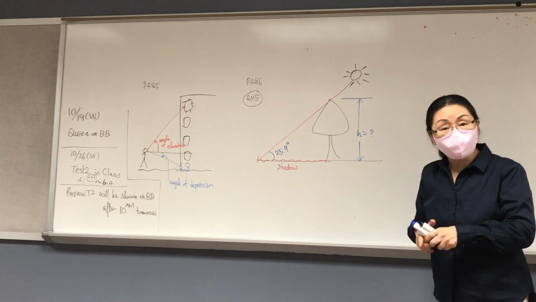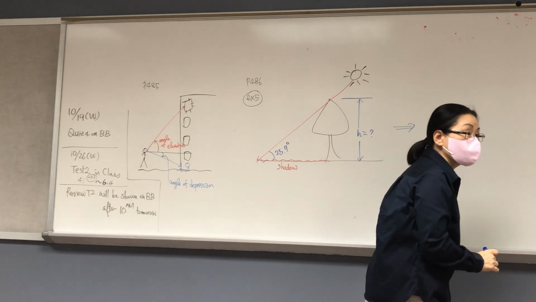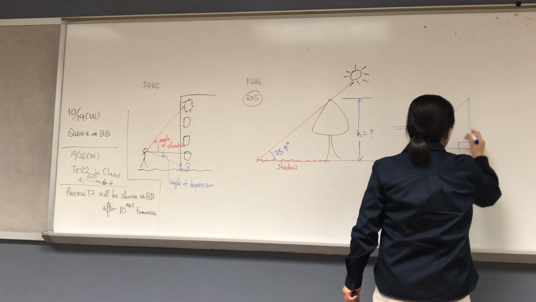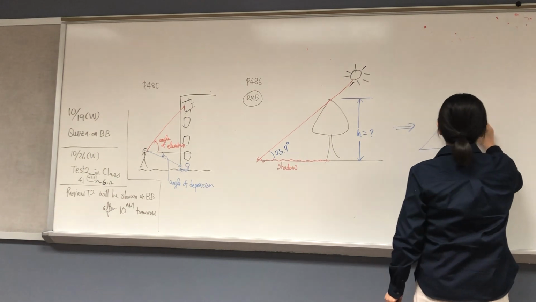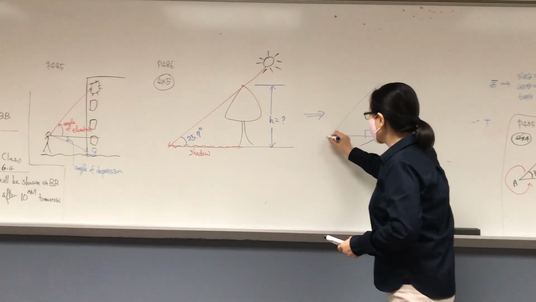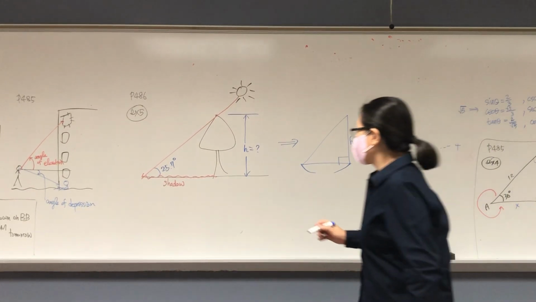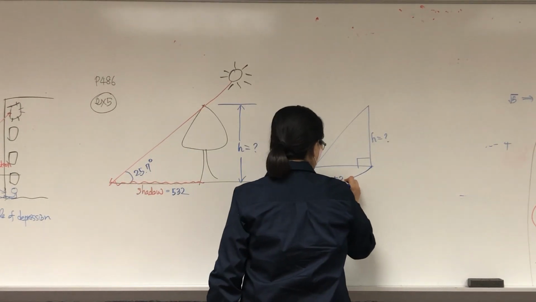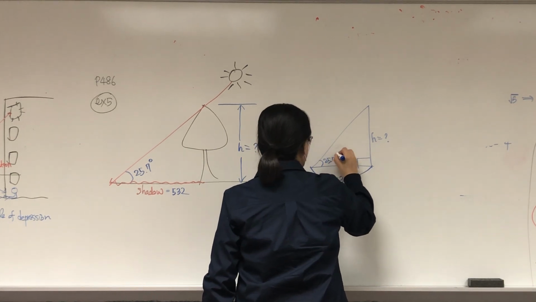Using this real picture, you had better make a simple diagram. We can consider the tree as a vertical line, and we are looking for this H. And this one is your shadow, which is 532. So this is 532, and this angle is 25.7.